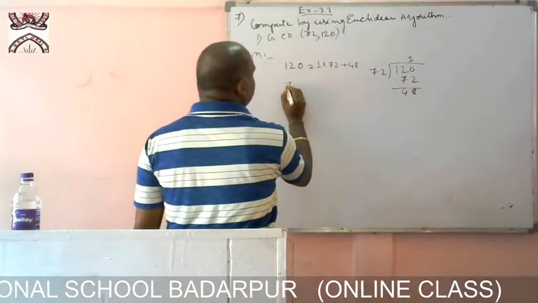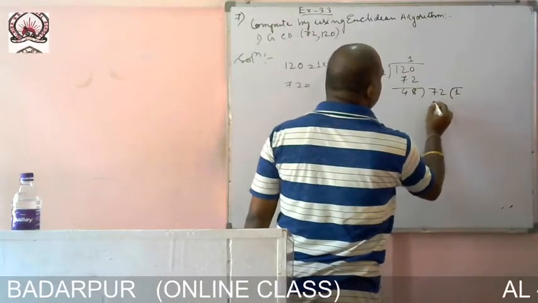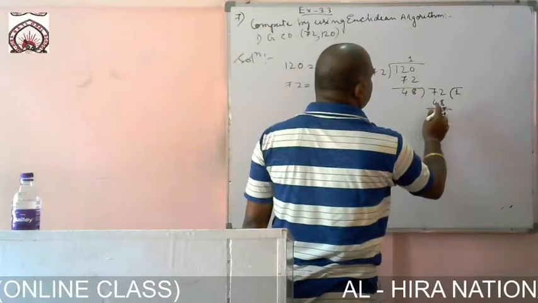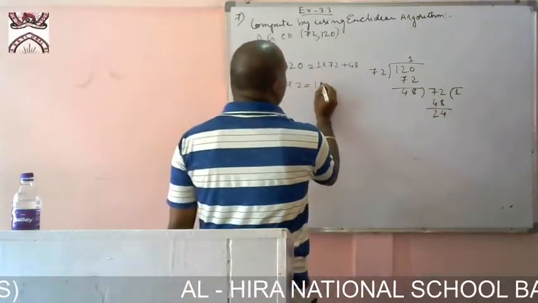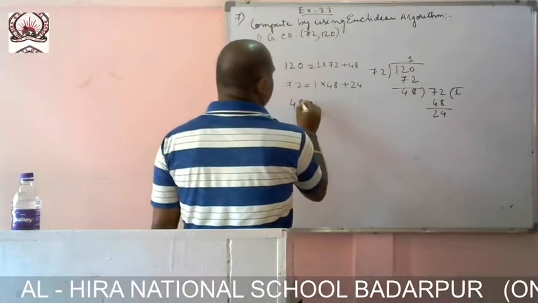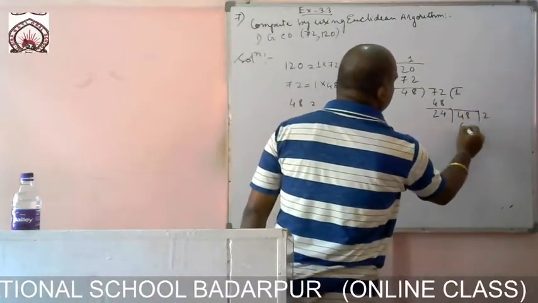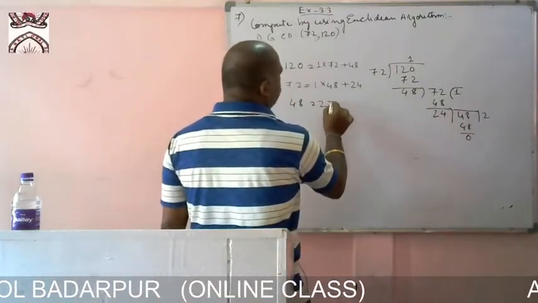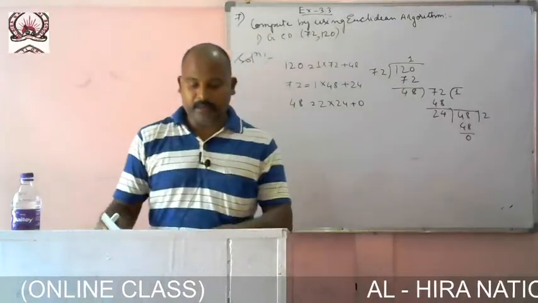Now 72 is equal to 1 into 48 plus 24. Now 48 equals 2 into 24, and the remainder becomes 0. So you can write 2 into 24 plus 0. Clear? 2 into 24 plus 0.